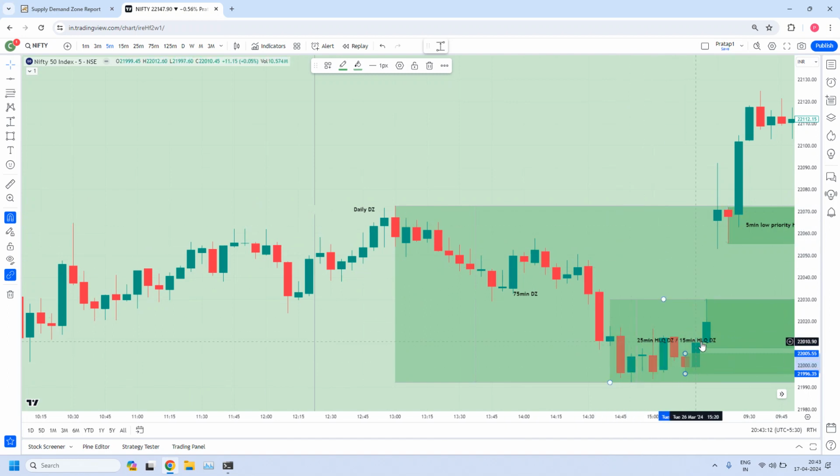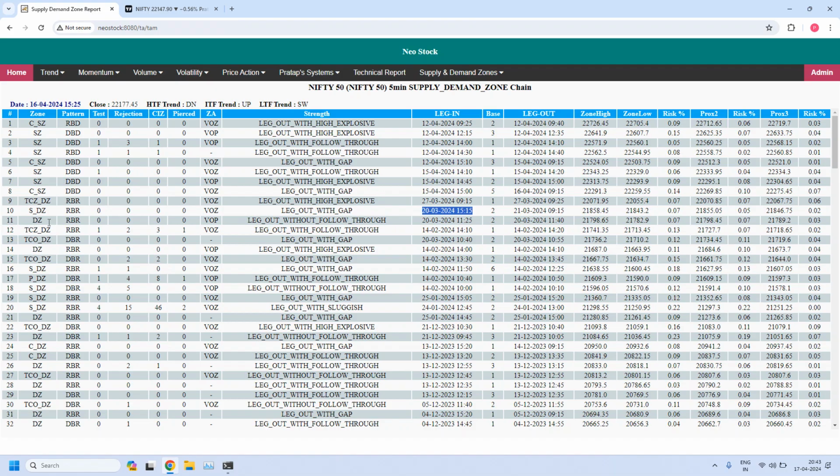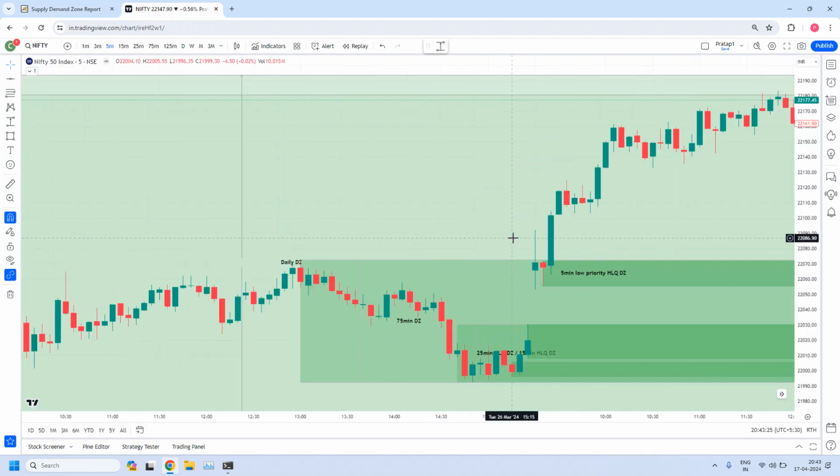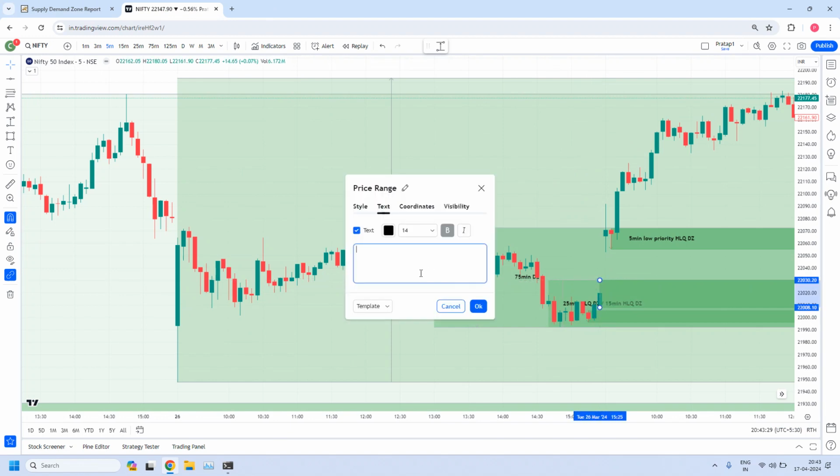But you can draw rally base rally. 26 March. But the one below is 20 March, 11:25. These are all normal 5-minute zones. We have fine-tuned zones. This is fine-tuned by the human.